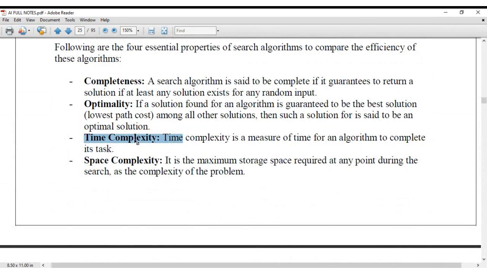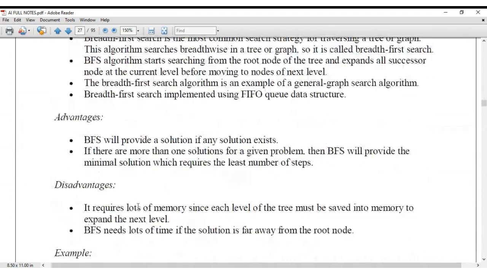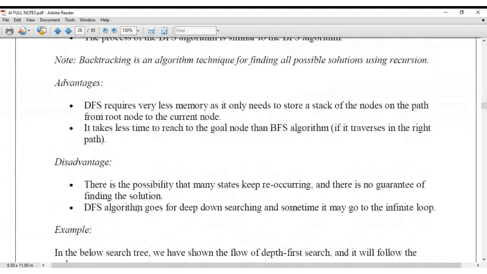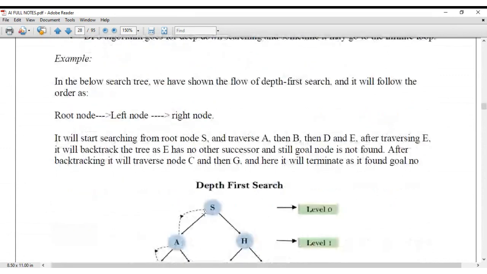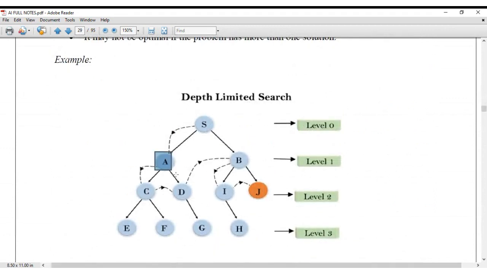So because of the issue of time complexity, it will have to use a particular measure to do what? To limit how deep it can go into the nodes. All right, how deep it can go into the nodes, so that if there is no solution that has been provided, then it will cease going deeper and jump into the next level. So this is basically the solution for depth first.